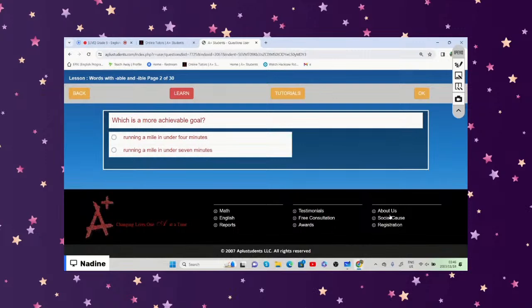Which is a more achievable goal? Is it running a mile under 4 minutes or running a mile under 7 minutes? Unless you're a professional. So, which is the more achievable goal?